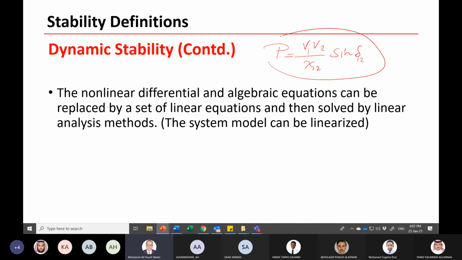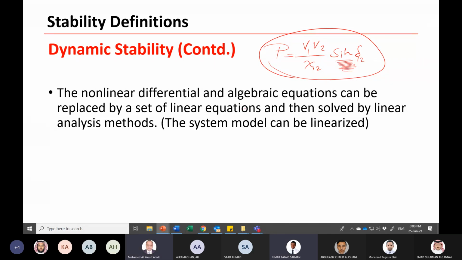So this equation is linear or non-linear? Non-linear. Non-linearity comes from where? From the sine term.